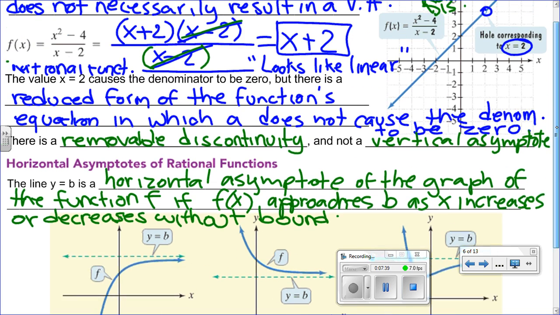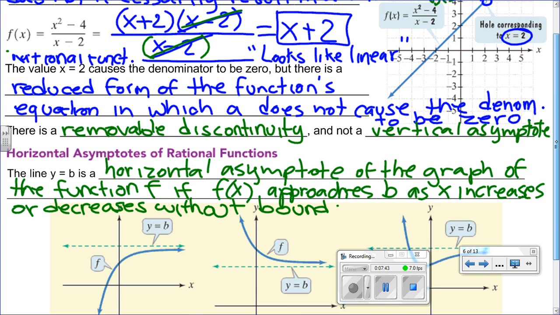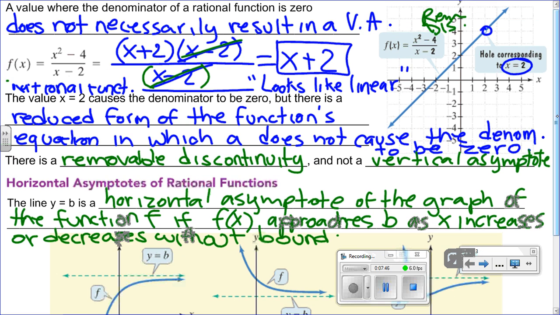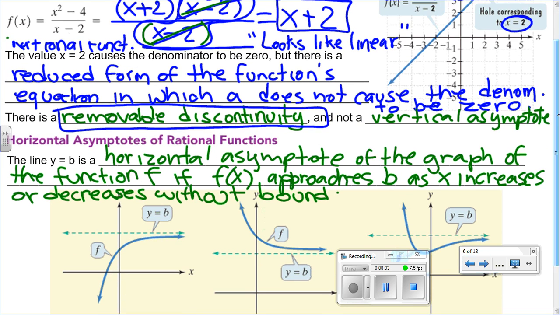Please make sure you copy every single definition here, word by word. Just to recap what we did at the end, we factored a function, graphed it, and it looks like a line, but it does have an open circle here. That would be the removable discontinuity that happens to be at x equals +2. And that comes from this factor that was canceled out if we were to set it equal to 0.